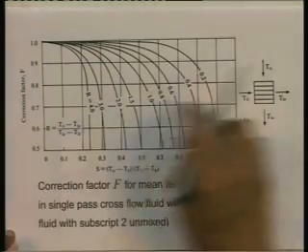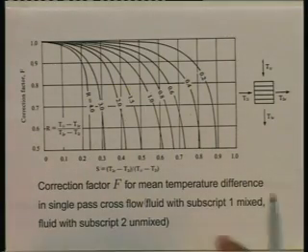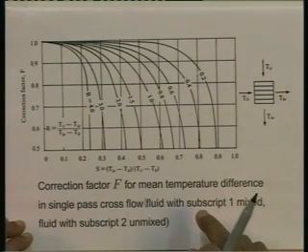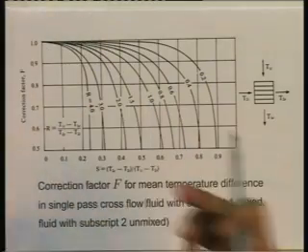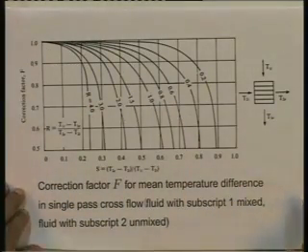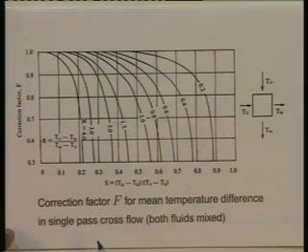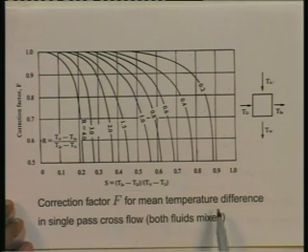These are typical values encountered in practice. R greater than 4 is probably not encountered very often. So, the values are not plotted there at all. And then finally, here are the results for correction factor f plotted for mean temperature difference in single pass cross flow for the case of both fluids mixed.